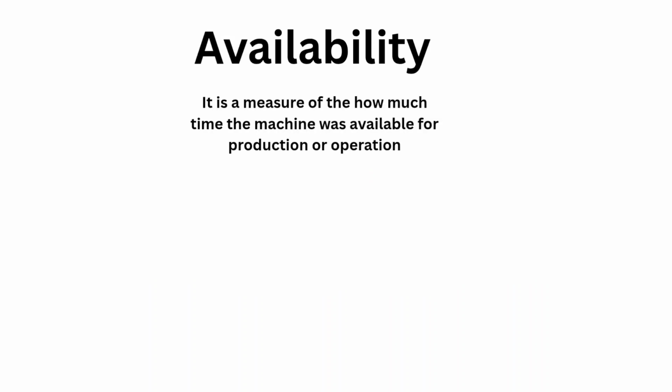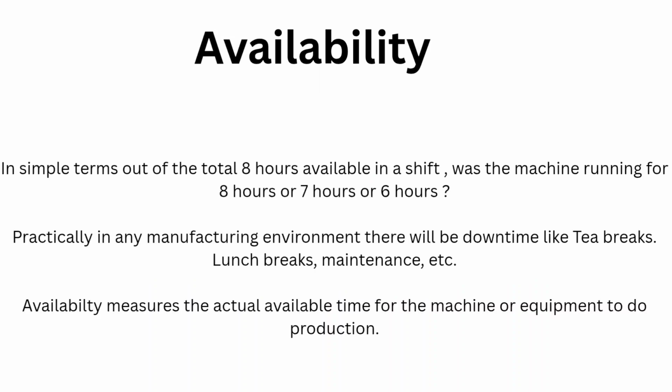Availability. Availability is a measure of how much time the machine was actually available for production or operation. Suppose we have a machine which is supposed to run for 8 hours, but in that time there will definitely be some downtime, like tea time, lunch breaks, or the machine going for maintenance due to some issue.